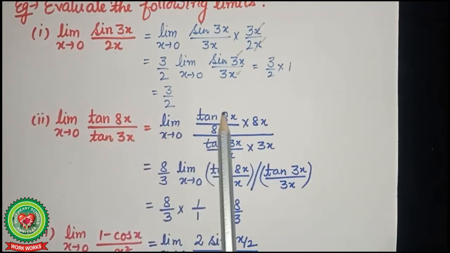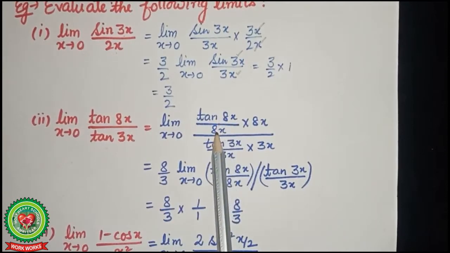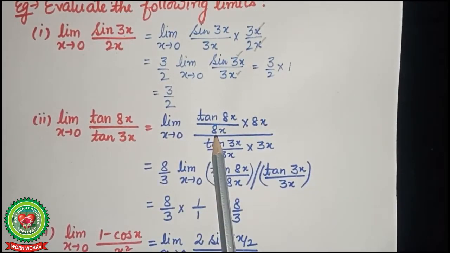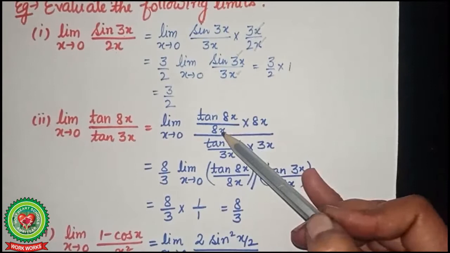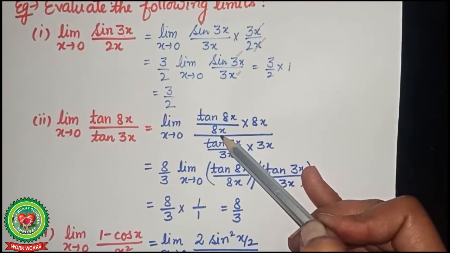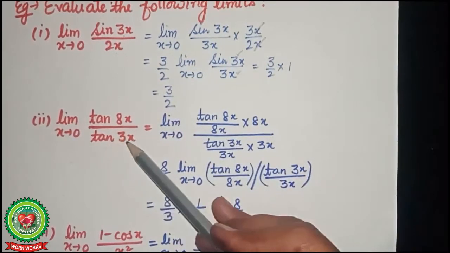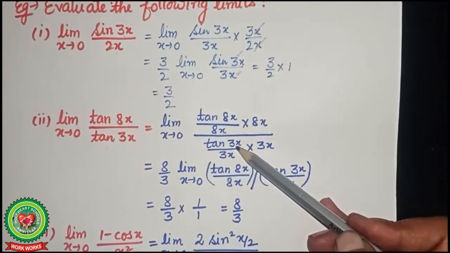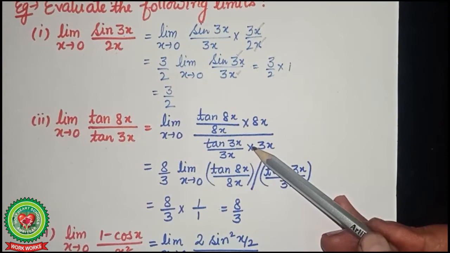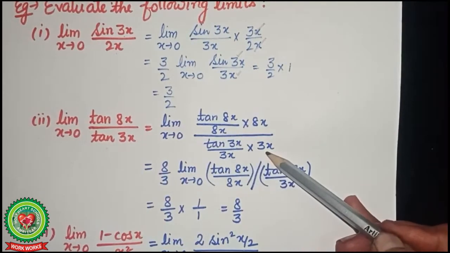Now tan 8x is there, so we will make the denominator 8x. Here multiply and divide by 8x in the numerator. In the denominator the function is tan 3x, so divide and multiply the denominator by 3x.